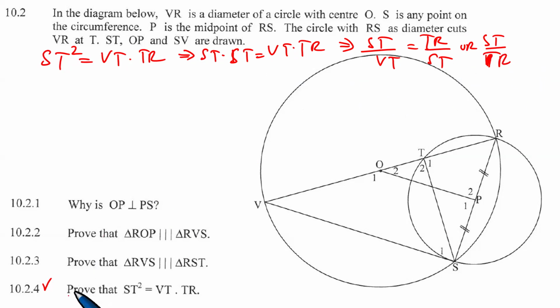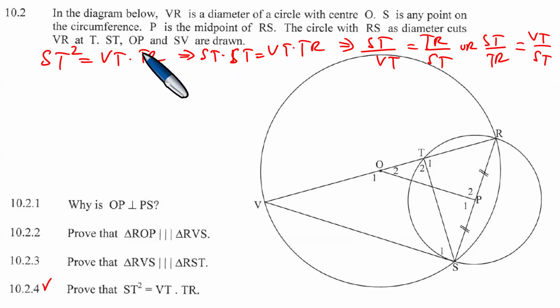You can divide by TR, so that you have VT over ST on one side. Okay, so you can write it like this.